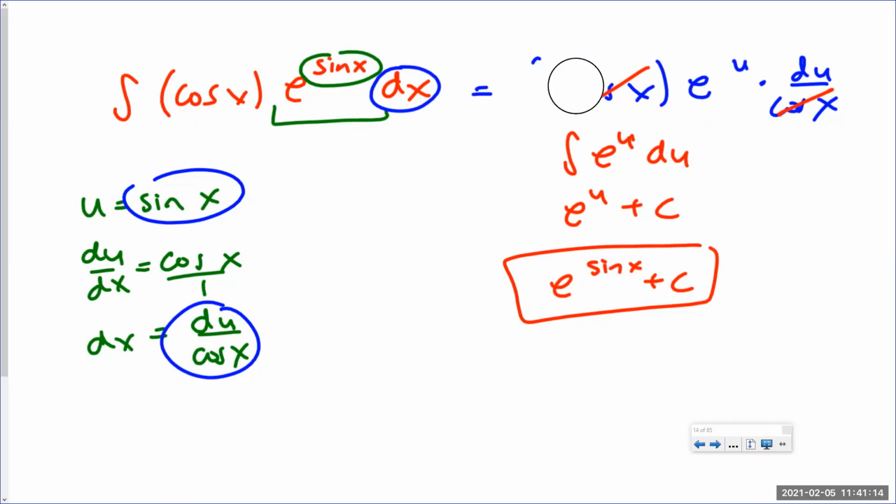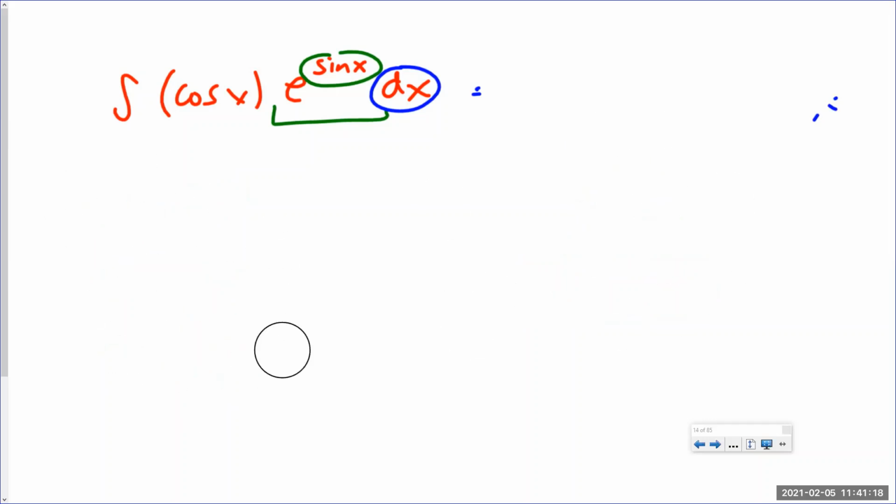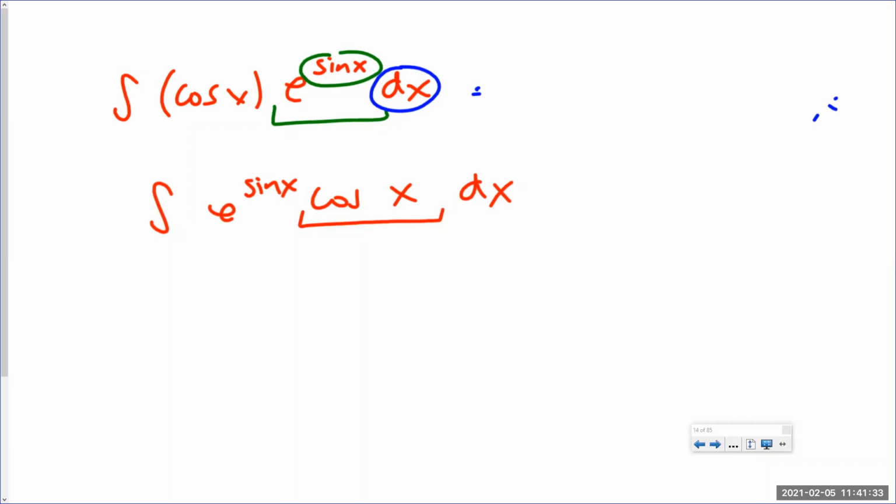Now I want to show you something. What if I gave you this problem, but I switched the e and the cosine? So what if I said the integral of e to the sine x cosine x dx? Do you agree that it's the same problem? Is everybody good with that? Okay, what you do is you'd say, because usually you go on the right side, right? Usually you go on the right side and say, okay, make this my u.